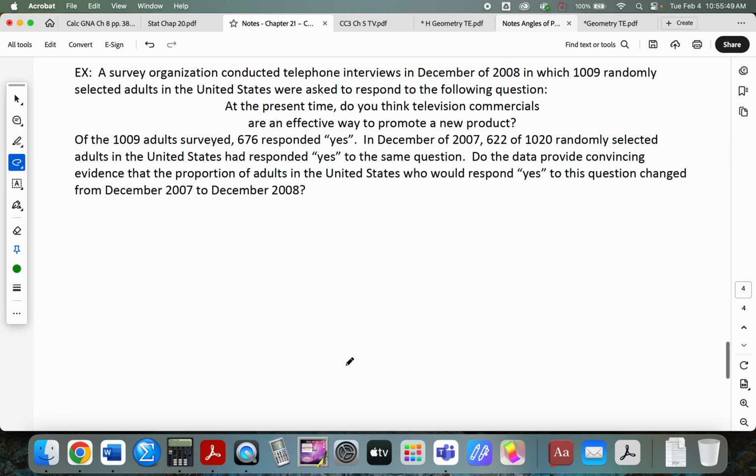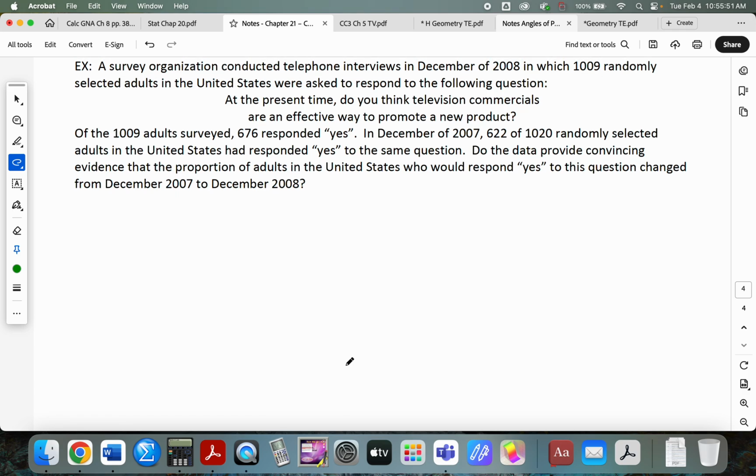All right, so let's look at this last example. A survey organization conducted telephone interviews in December of 2008 in which 1,009 randomly selected adults in the United States were asked to respond to the following question: at the present time, do you think television commercials are an effective way to promote a new product? Of the 1,009 adults surveyed, 676 responded yes.